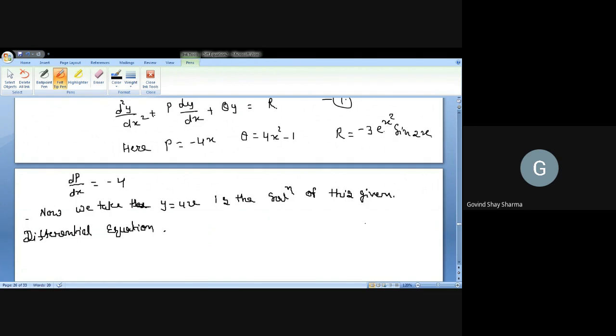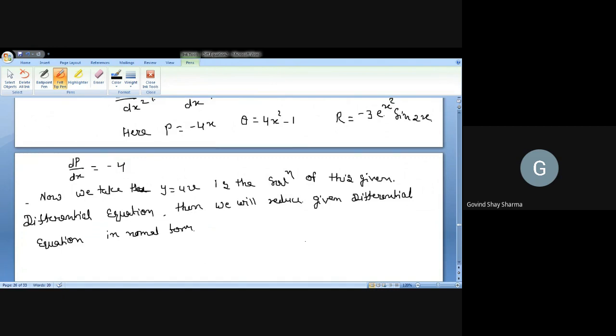Then we will reduce the given differential equation to normal form.